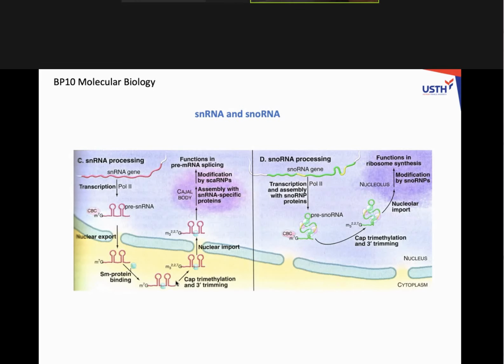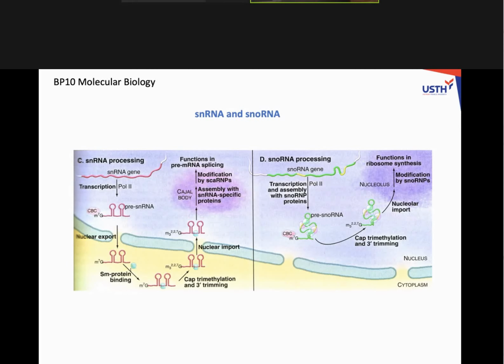So technically, we have genes in the genome that are transcribed by Pol2. The RNA is exported in the cytosol, comes back to the nucleus. Those RNAs interact with some snRNA specific proteins, and these nucleoproteins are the U1, as an example, U1 and U2 complexes that are implicated in splicing.